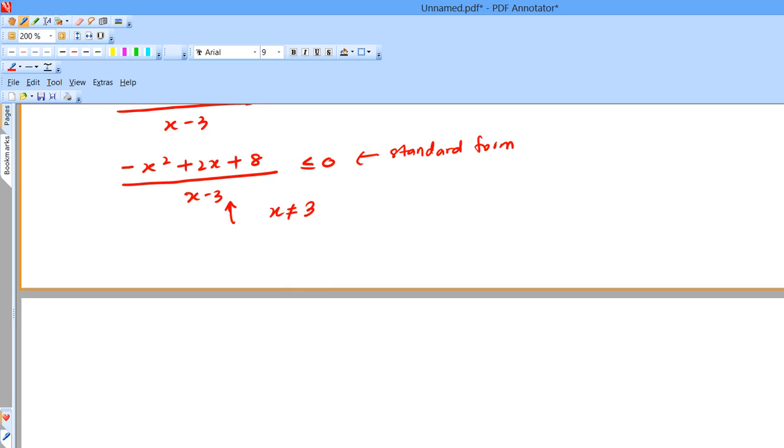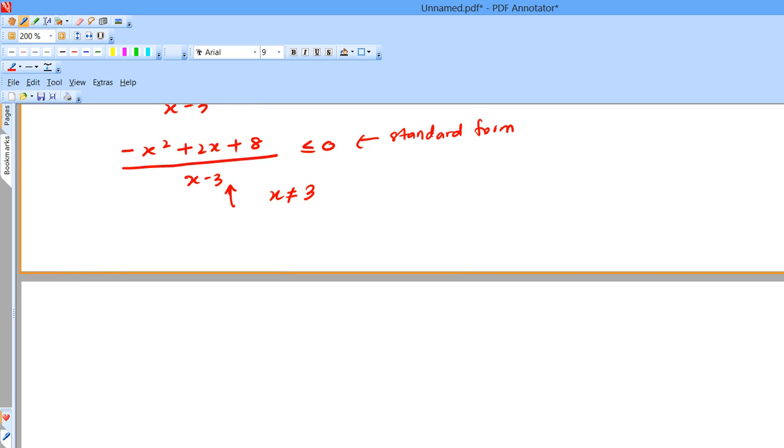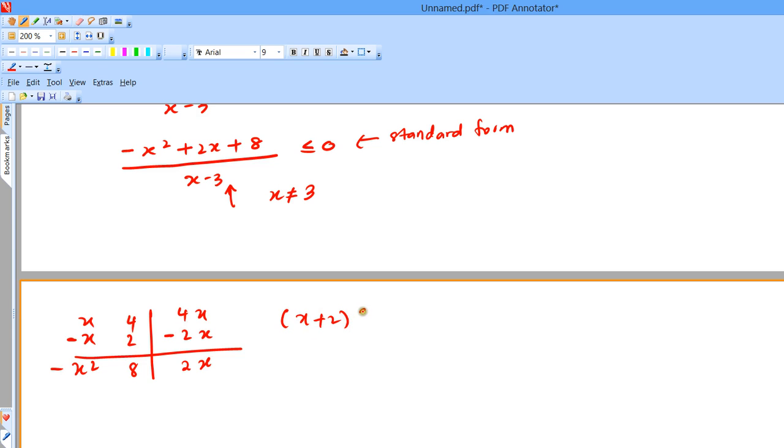So for critical values, you just need to factorize the numerator. Factorizing, we get (x plus 2) times (negative x plus 4).